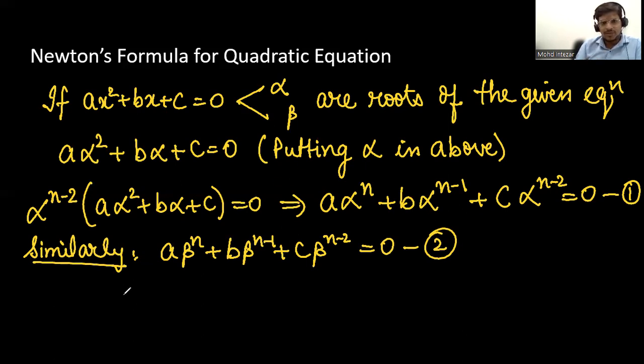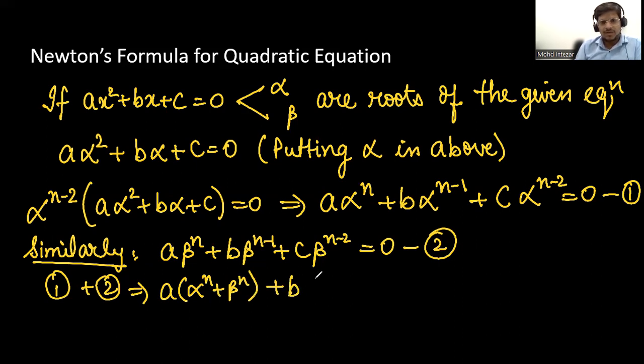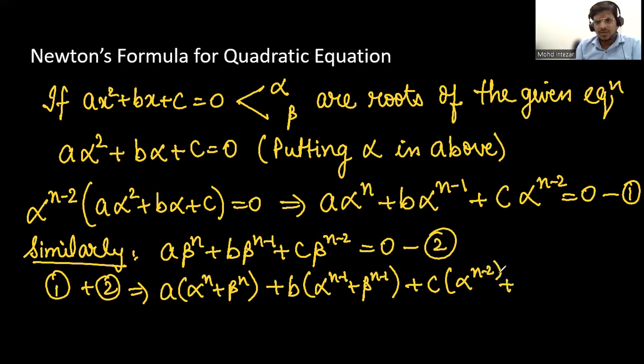If we add these two equations, 1 plus 2, what we'll be getting is a times alpha to the power n plus beta to the power n, plus b times alpha to the power n minus 1 plus beta to the power n minus 1, plus c times alpha to the power n minus 2 plus beta to the power n minus 2, equals 0.